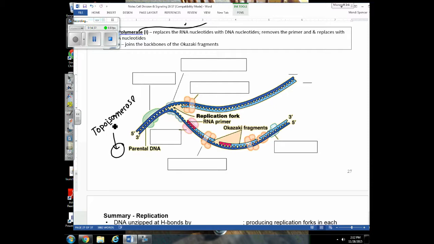I would say this is helicase, unzipping the two strands of nucleotides in the DNA molecule. We have a single strand binding proteins holding apart these two strands of nucleotides there.